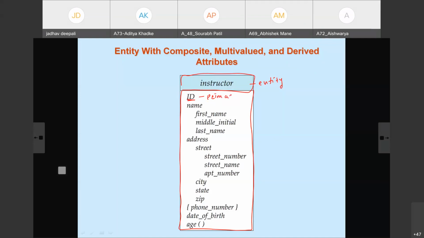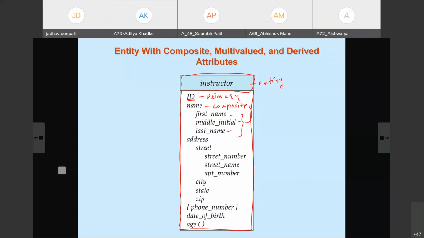Then the second attribute, name, is a composite attribute. These are the three components of this composite attribute. You can see it is shown with indentation, like a tab, as we use in Python. Indentation is used here to indicate that these are the components of this composite attribute.